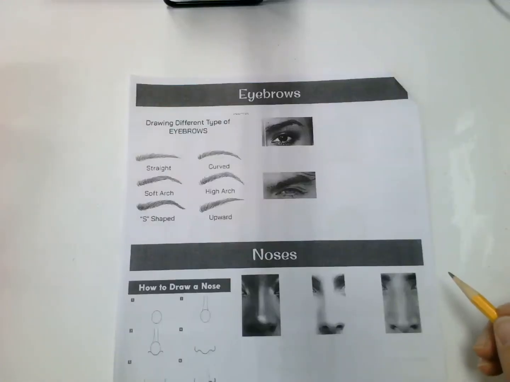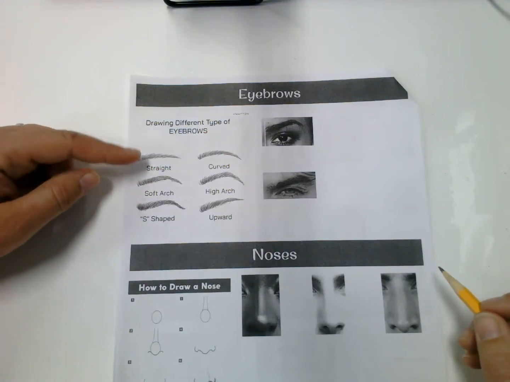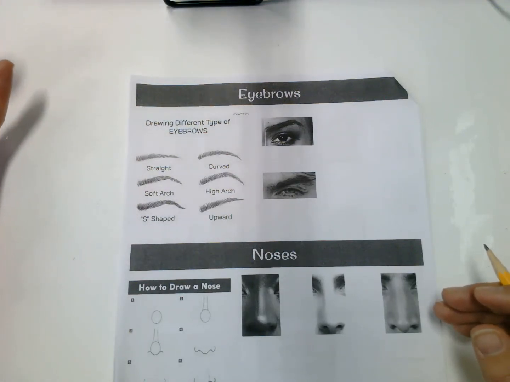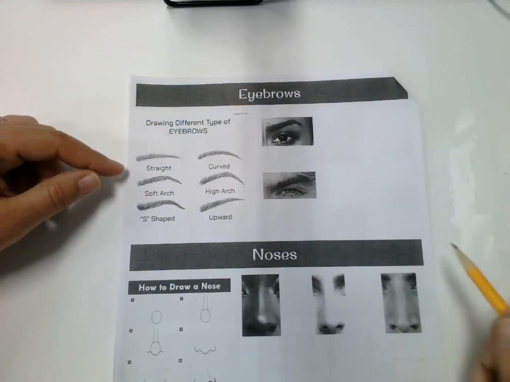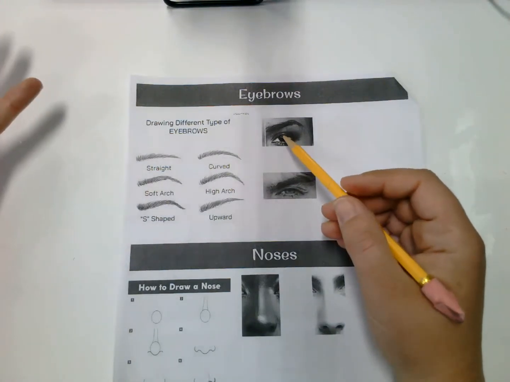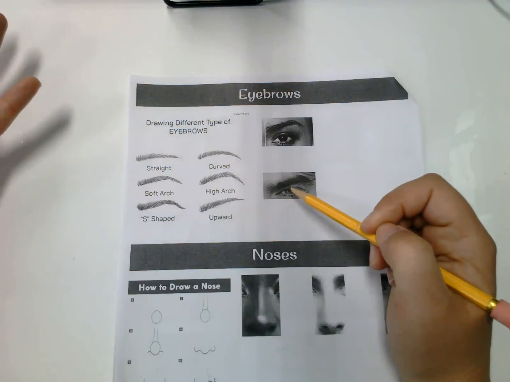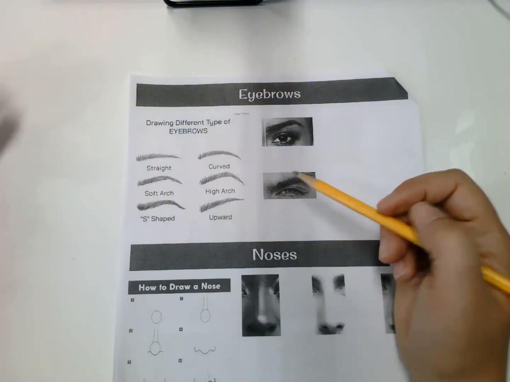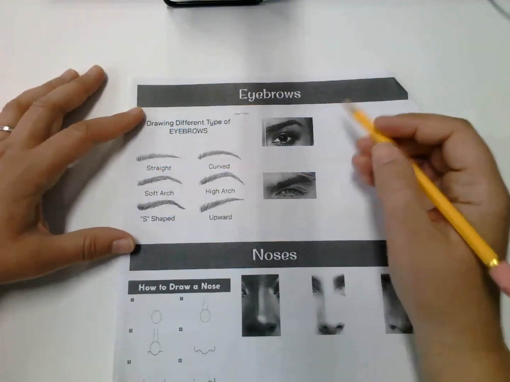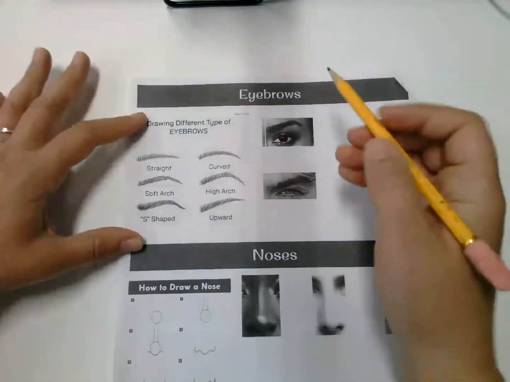All right, so now on to eyebrows. Eyebrows are actually pretty easy to do, okay? As you can kind of see, there are different types of eyebrows, okay? Yes, some are more manicured and some are more natural. It depends on the person that you're drawing, okay? When we're creating them, this is the best way to do it, okay?